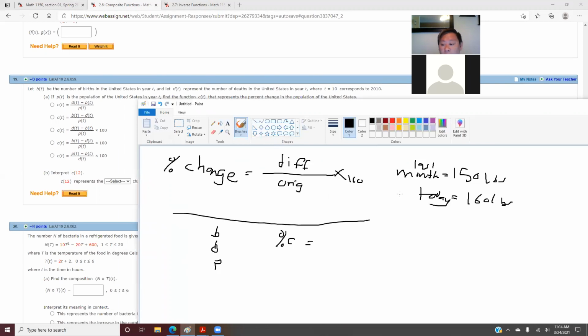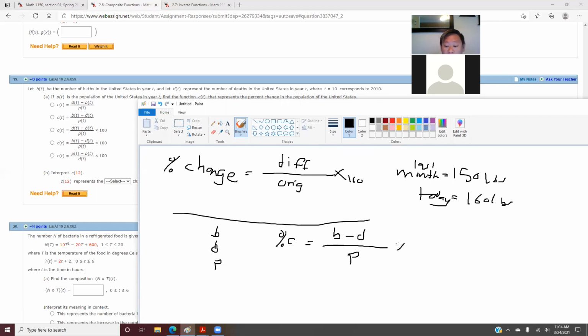If you remember, to figure out the percent change, you will figure out the birth minus the death. That means the number of births will be a lot, and the deaths hopefully will be less. So if you subtract, you find the difference between those, over the original, which will be the population.